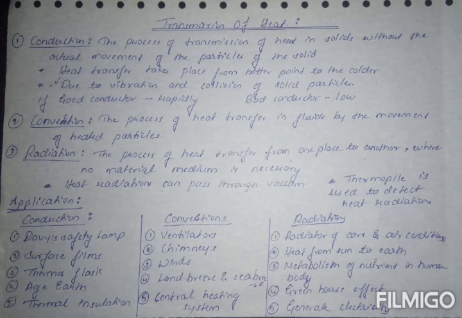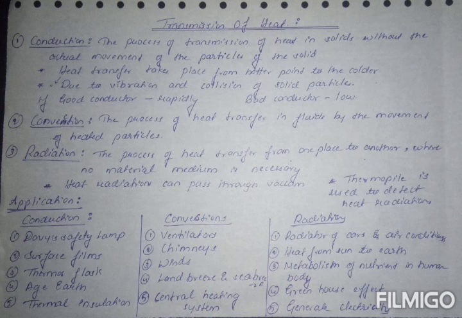Here are some applications for conduction, convection and radiation. Let's go through them. Applications for conduction are Davy's safety lamp, surface films, thermos flask, age of the earth, and thermal insulation.